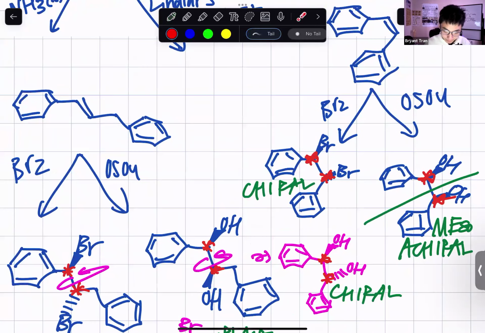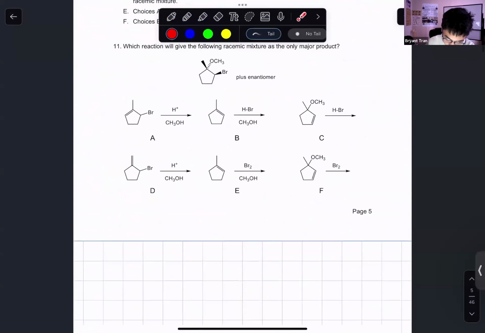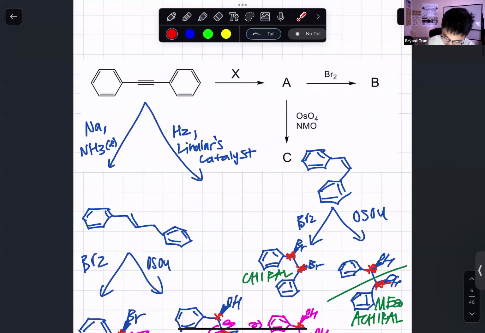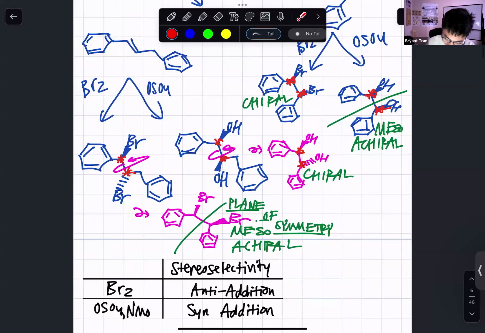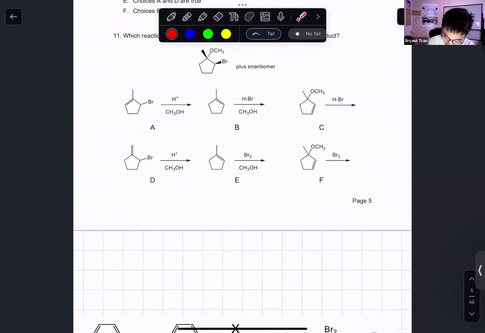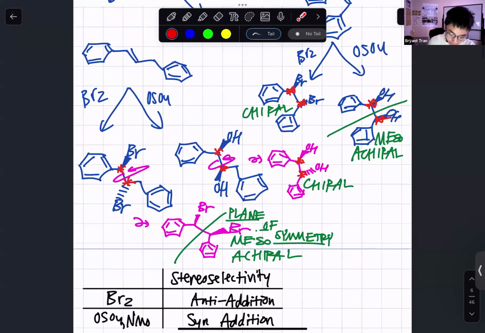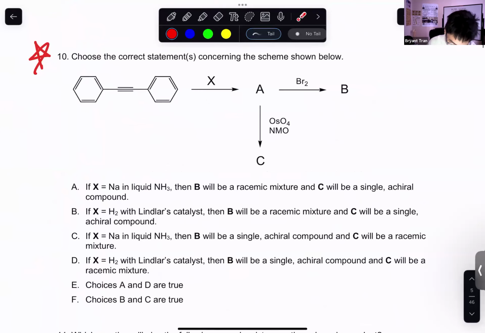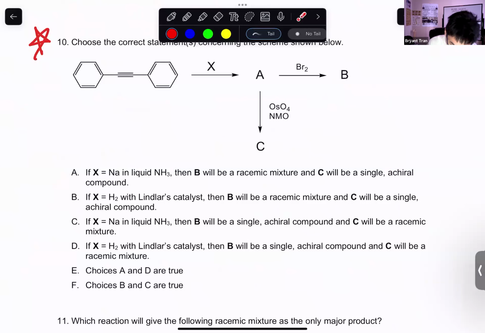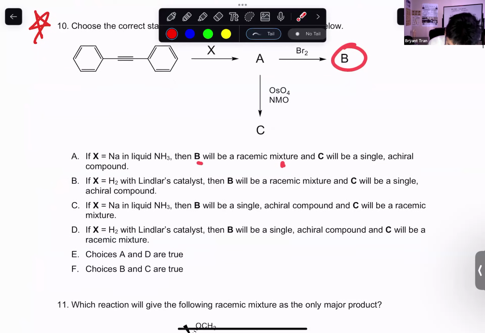Okay, now this is all we need to answer the question. It was a lot. You had to go through that rotation thing to figure out this answer. So if we used Na and liquid ammonia, B would be a racemic mixture.